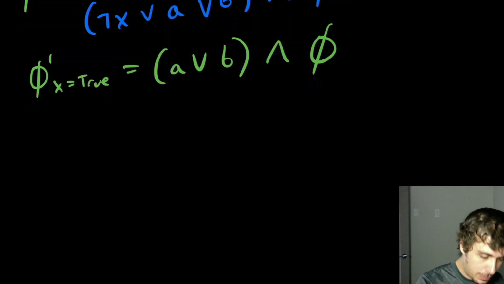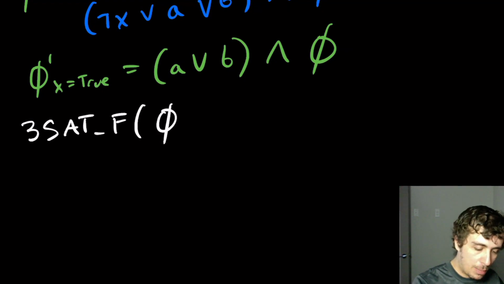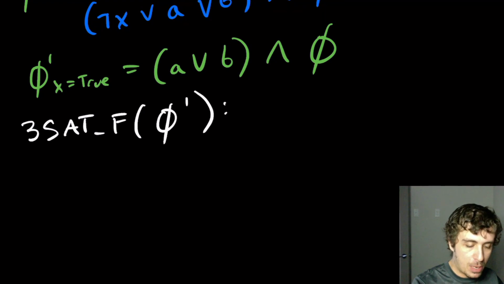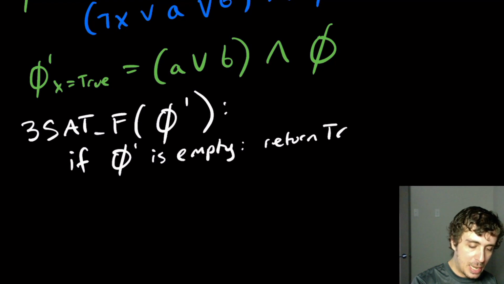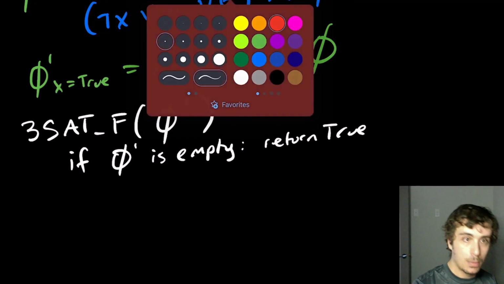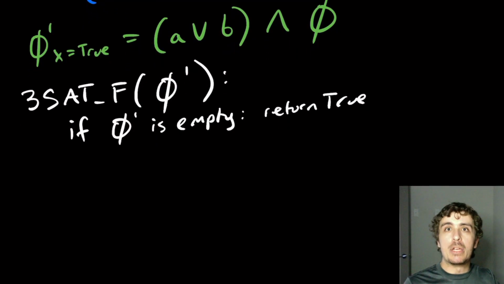So I'm going to call this 3-SAT-F, for faster. And so I'm going to have the formula be called phi prime. So then we have the base cases as usual. So if phi prime is empty, we're going to return true. That's not any different than before. And now let's deal with the case where there is a pure literal.